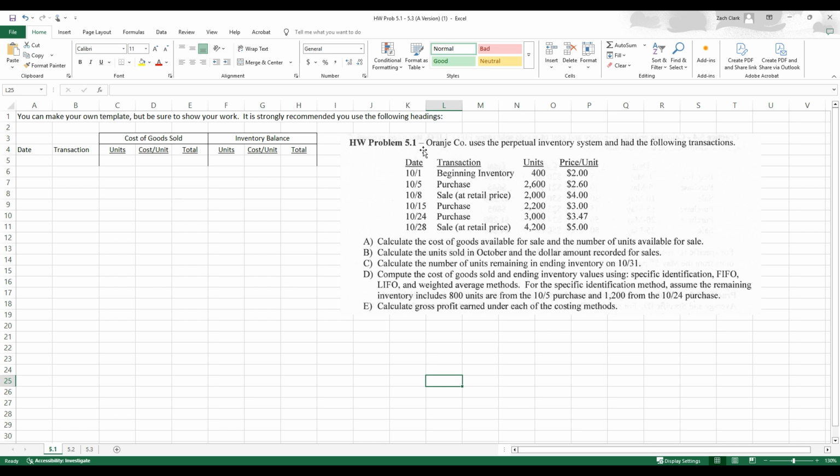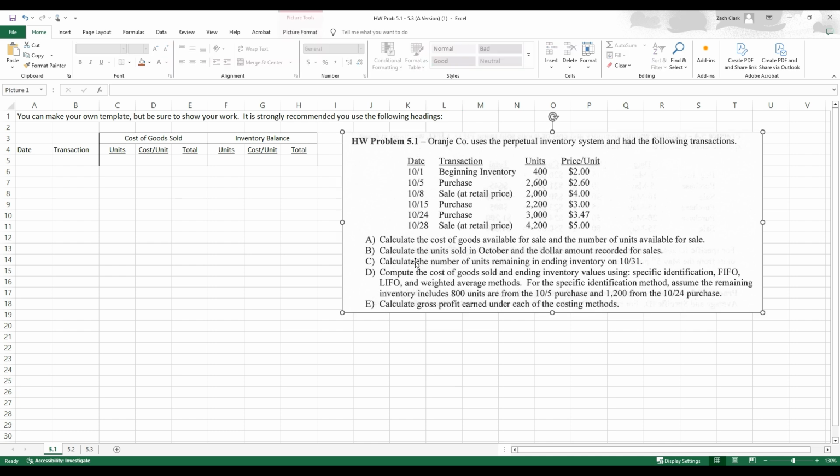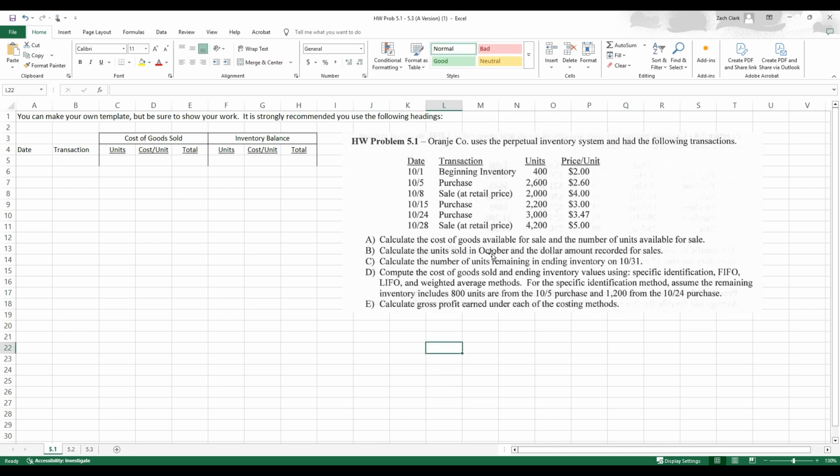In our problem here, we have this company, we use a perpetual inventory system, we have the following transactions, and a number of different tasks to do. We have to calculate the cost of goods and number of units available for sale. And we're going to use that specifically in our specific identification method to come up with our cost of goods sold. Calculate the units sold and dollar amount recorded sales. So similar kind of thing there.